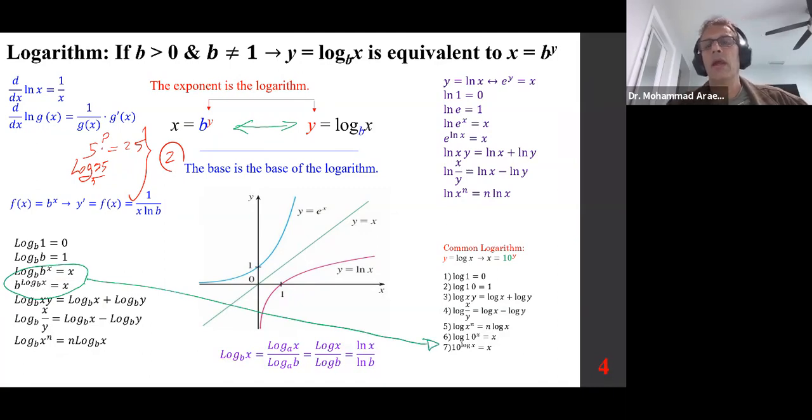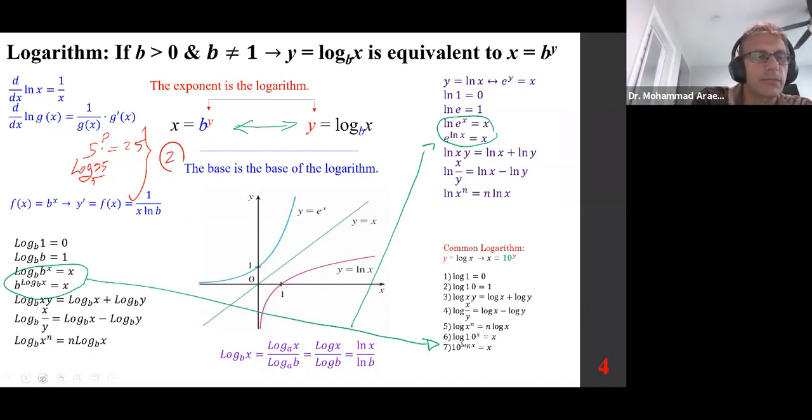So what that means, logarithmic functions and exponential functions are inverse functions. Therefore, when we look at this graph, y equals e to the power of x and y equals ln x, they are inverse functions. And if we graph them, they are symmetric with respect to the line y equals x. Okay.